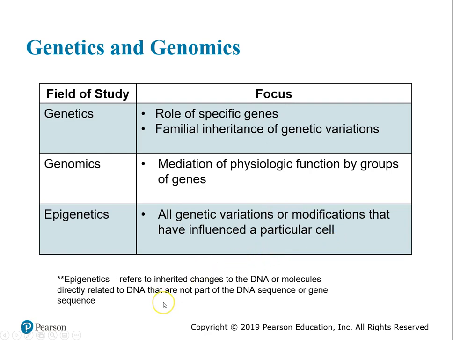So it says all genetic variations or modifications that have influenced a particular cell. Okay. When you think about epigenetics, it really refers to inherited changes, right? So changes that you can still inherit to the DNA, right? Or other molecules that are directly related to the DNA, but they're not part of DNA sequence. So it means it's not a change in the DNA sequence, right? So if you think about the sequence of a gene, right?